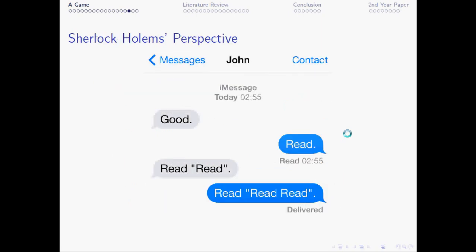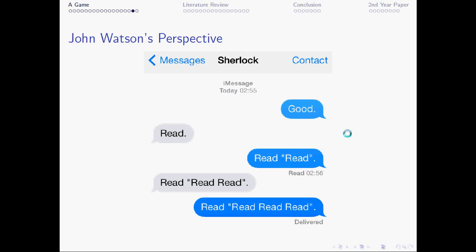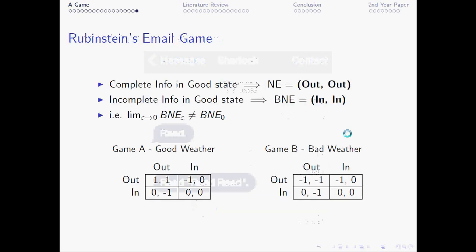So let's go to the conclusion. If we have complete information in the good state, we have 1, 1, which is the highest possible Nash equilibrium we can get. However, in the incomplete information game, no matter how many messages are exchanged, as long as it's finite, and as long as epsilon is greater than 0, the only Nash equilibrium, or Bayesian Nash equilibrium, is both of them staying in.